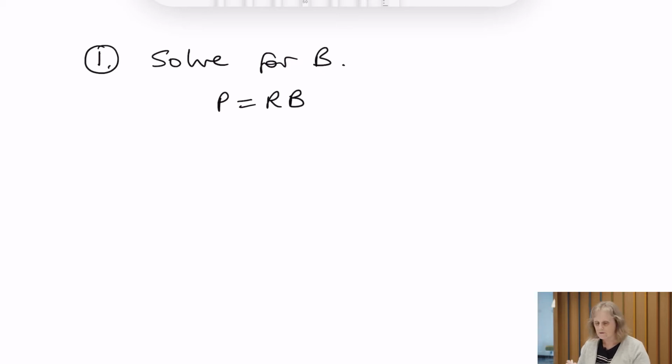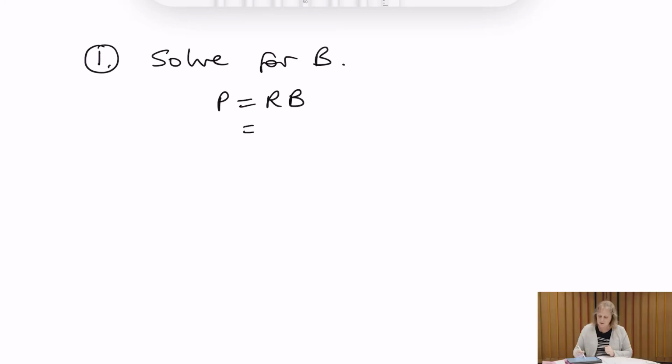When we're rearranging equations, we're going to use the shortcuts that we looked at previously in algebra. We want to solve for b here, so we want b is equal, and then all the relevant terms on the right-hand side. On the right-hand side it's R multiplied by b.